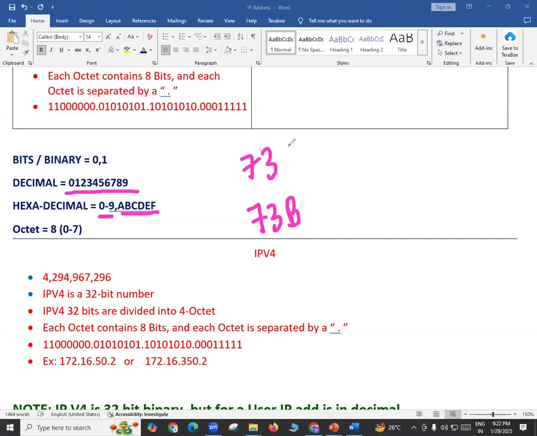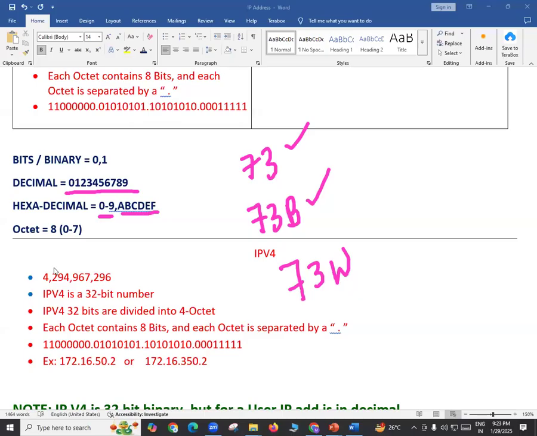So this is your decimal and this is your hexadecimal. Can I say a hexadecimal number is 73X? No, I cannot say X here. Or let's say W. Can I say W there? No, I cannot say W, because in hexadecimal number we are using only up to the F character. Above F is not allowed. So this is your hexadecimal format, my friend.